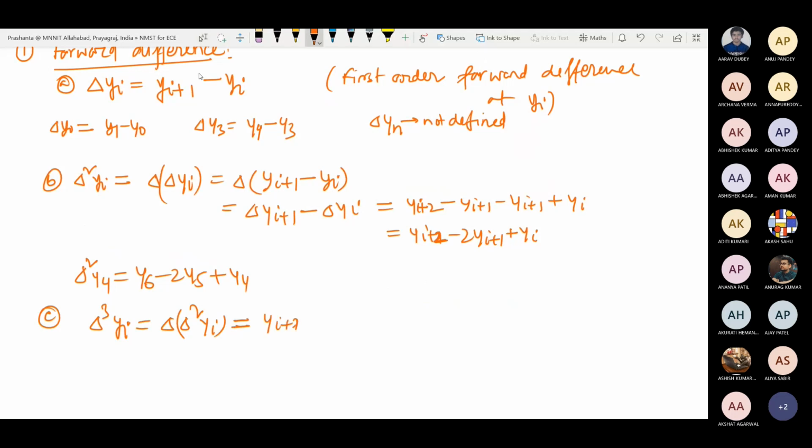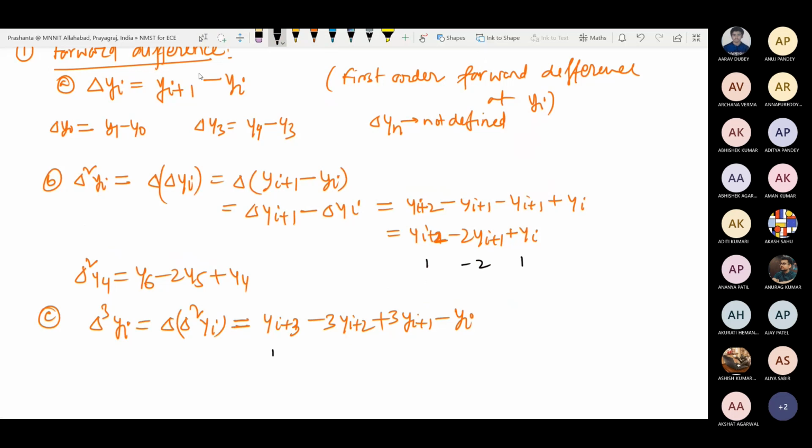Yi plus 3. Okay. If you look at the coefficients, they are binomial coefficients in the expansion of 1 minus x power n. In del square yi, the coefficients were 1, minus 2, 1.